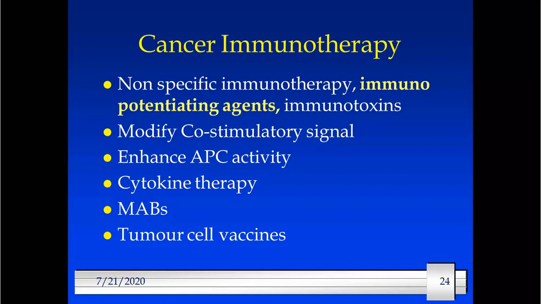Also, we can enhance antigen presenting cell activity, and we can use cytokine therapy, or we may use certain monoclonal antibodies, or tumor cell vaccines. Not all of these mechanisms are non-specific. Some might be specific for certain tumors, as we will mention.